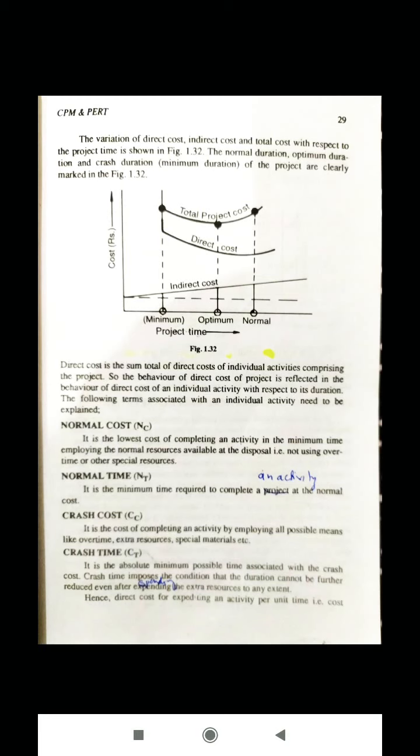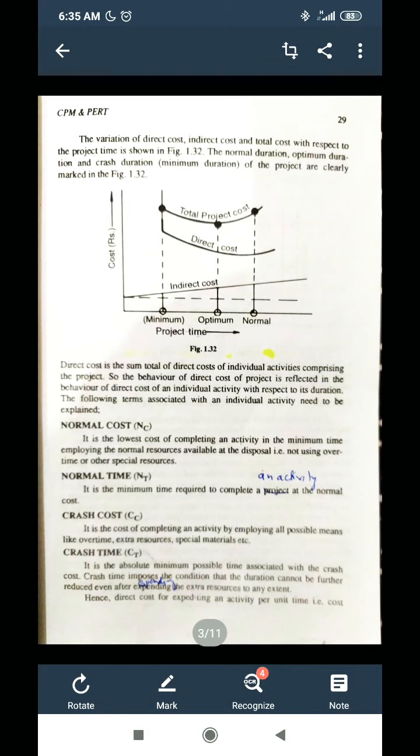The time corresponding to this cost is crash time, and this is the minimum time taken by that particular activity, because whatever amount of resources we put into a particular activity, we cannot complete it in less than that time, which is known as crash time.